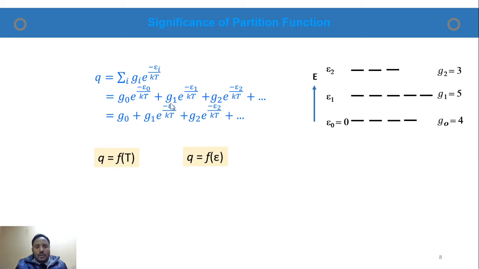So depending upon the value of the energy E and the temperature T, q will have a certain value coming from the contributions from each of these terms. Thus we see that q is a function of temperature and q is also a function of energy. So let us first look at the dependence of q on temperature.